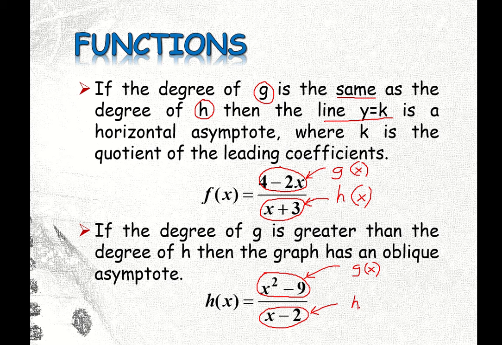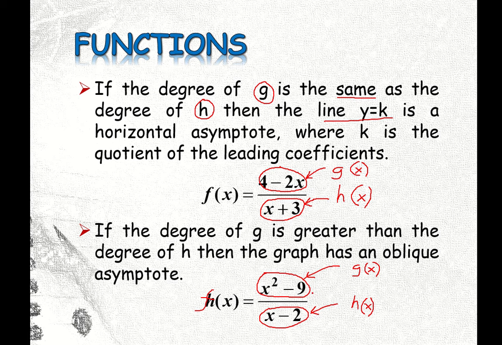Now we're just using the definition. Do not be confused between this h sub x and this h sub x. So this is supposed to be our f sub x. If you use this as our f sub x, we have g sub x over h sub x.